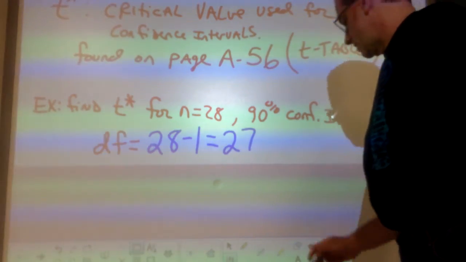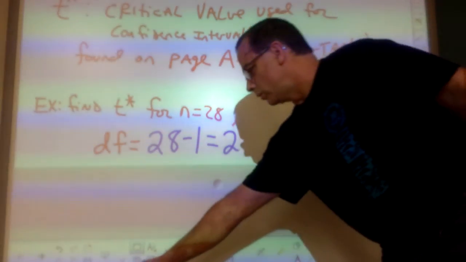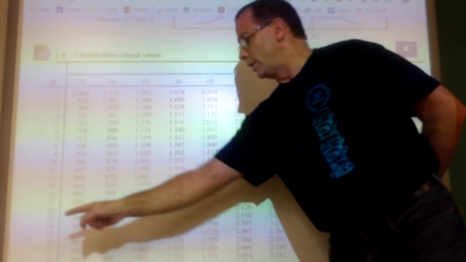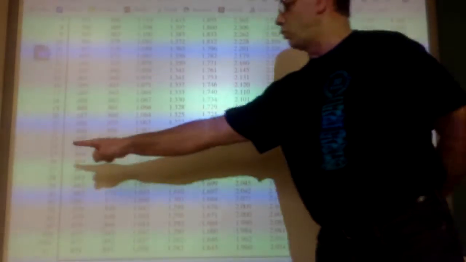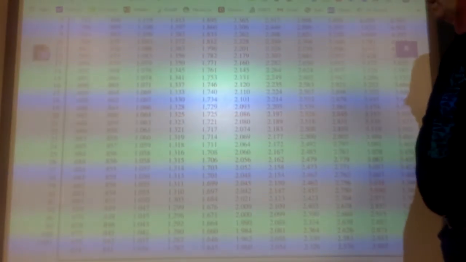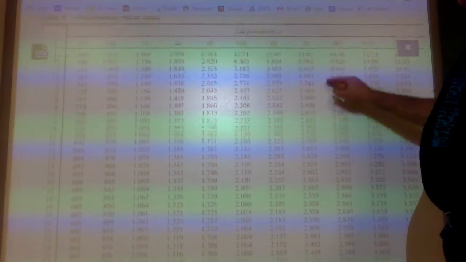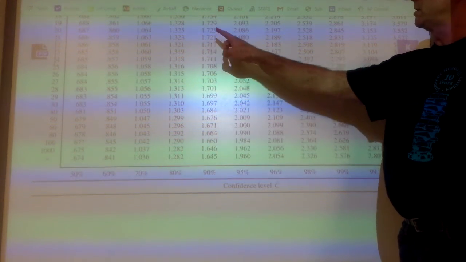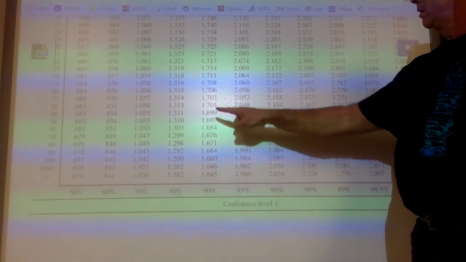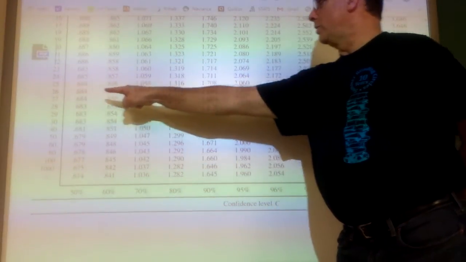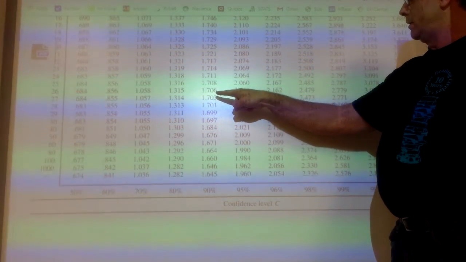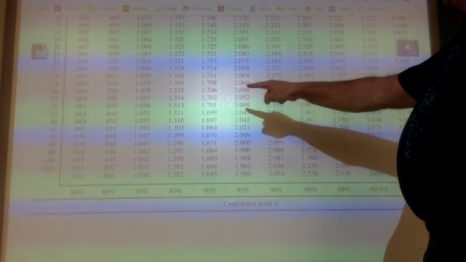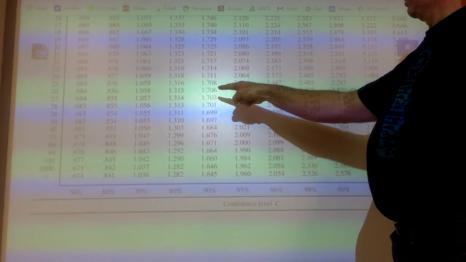I know I need 27 degrees of freedom, so I go look at my chart. Degrees of freedom, I need to find 27. There's 27 degrees of freedom, okay? 90% confidence, so that's here. So I come up to 90%, I come over to 27 degrees of freedom, and I get 1.703.